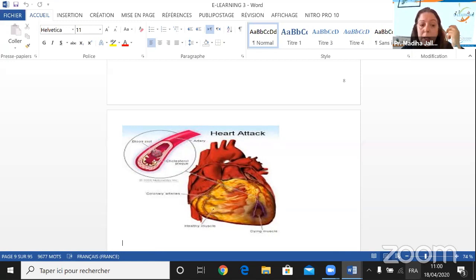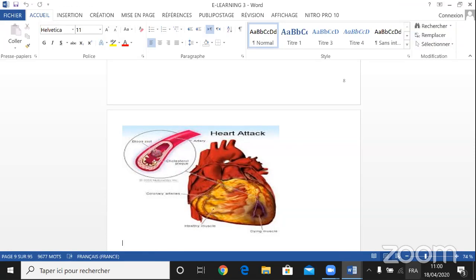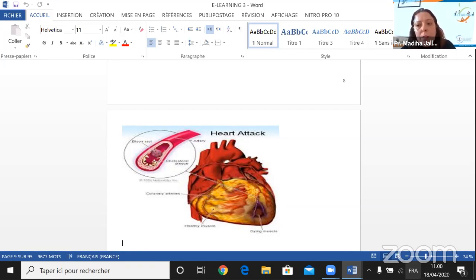obstructed. What can obstruct the coronary artery here? If you read there, you have a clot. Excellent. A blood clot, or a cholesterol plaque. This obstruction will affect the flow of blood to the heart.